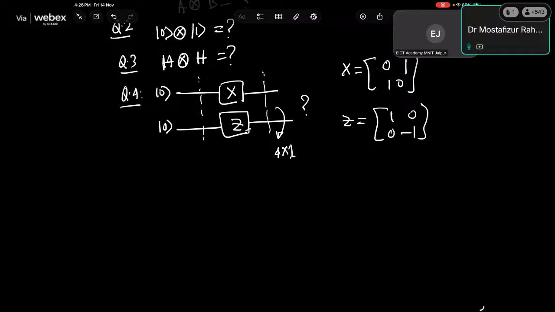Now we'll learn about one particular circuit called the swap test circuit, or the quantum correlation circuit, also known as the fidelity circuit.